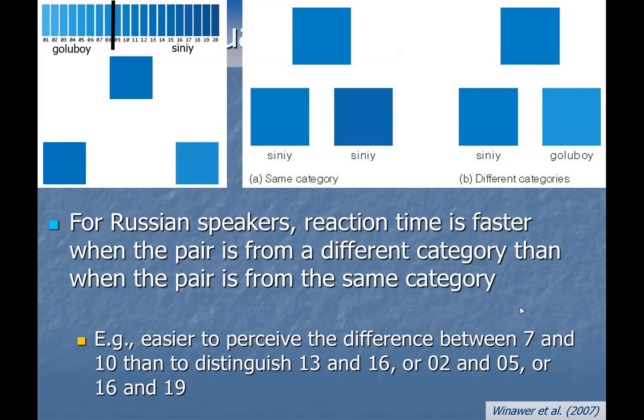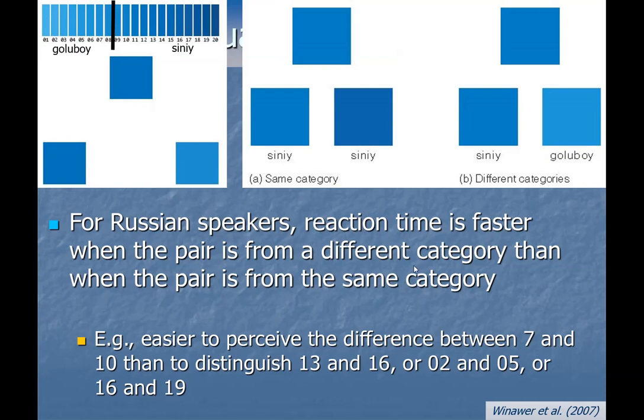So that suggests that the very perceptual process of telling what color is different from what other color, of being able to distinguish that something stands out at this basic level of simple color perception, even that seems to be influenced by the linguistic categories that you've grown up with. And those who have grown up with different categories, say who put blue as the label for all of these shades, they don't show that same pattern.